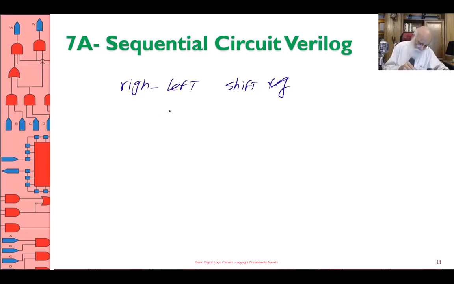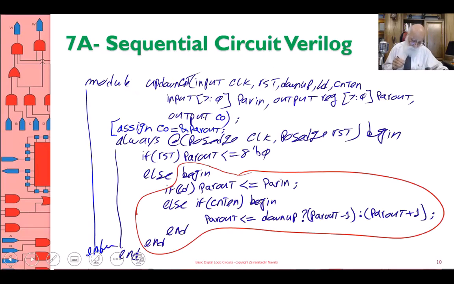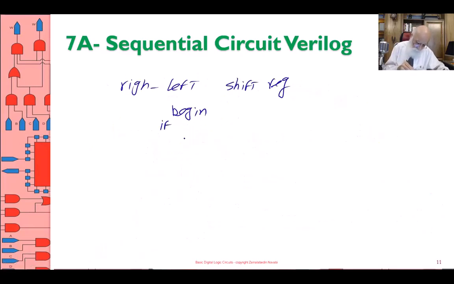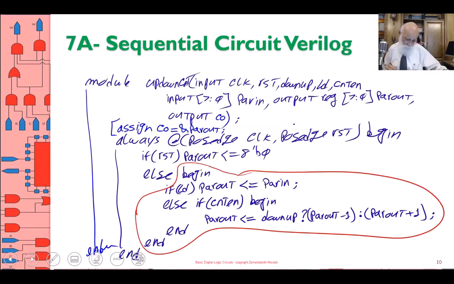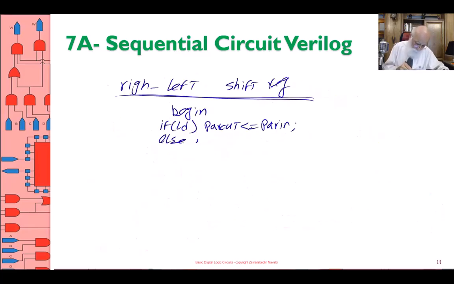Begin. If load, pair out gets pair in, else if SHEN, which is shift enable, so the input's shift enable is added instead of the count enable.